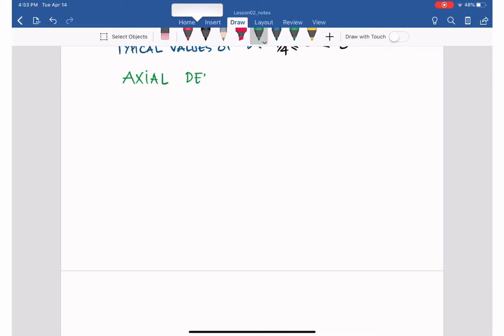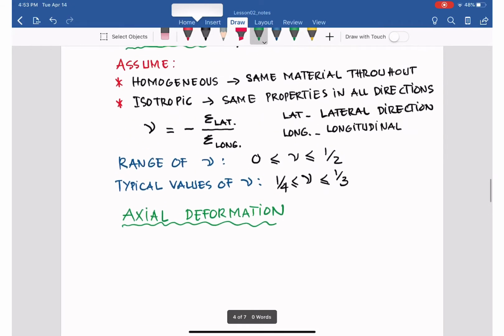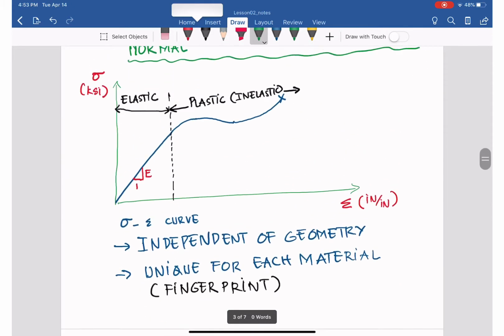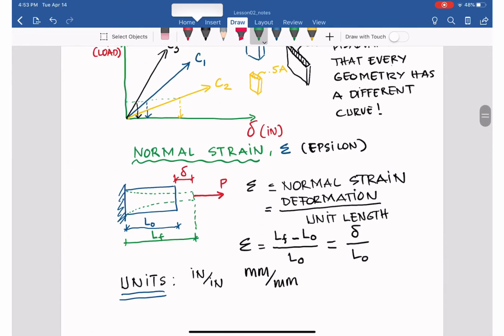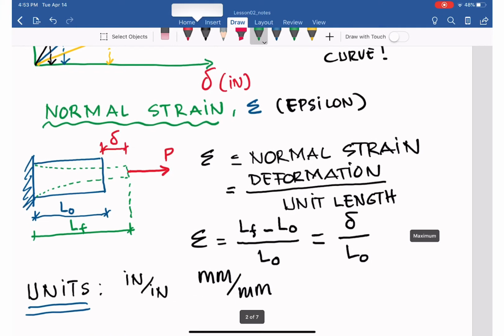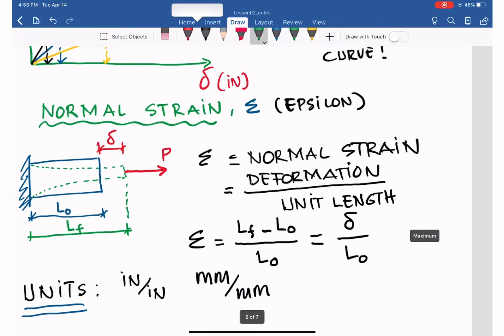Axial deformation is the change in length in the longitudinal axis of a body. And we have the equation for the normal strain, epsilon A equal to delta, that is the axial deformation, over L naught.